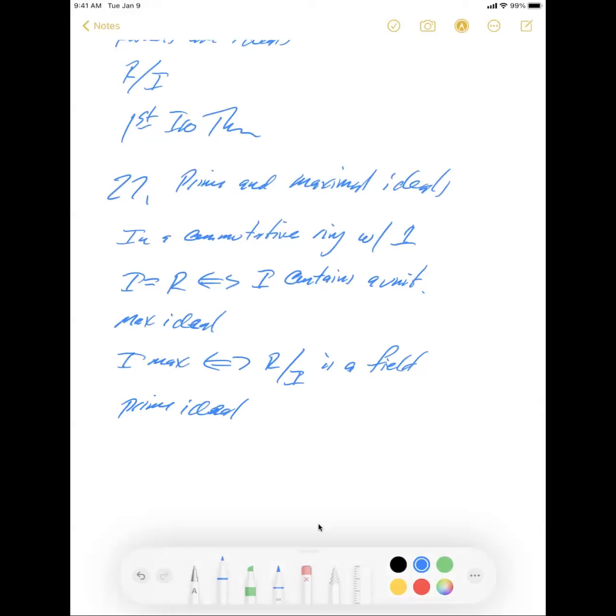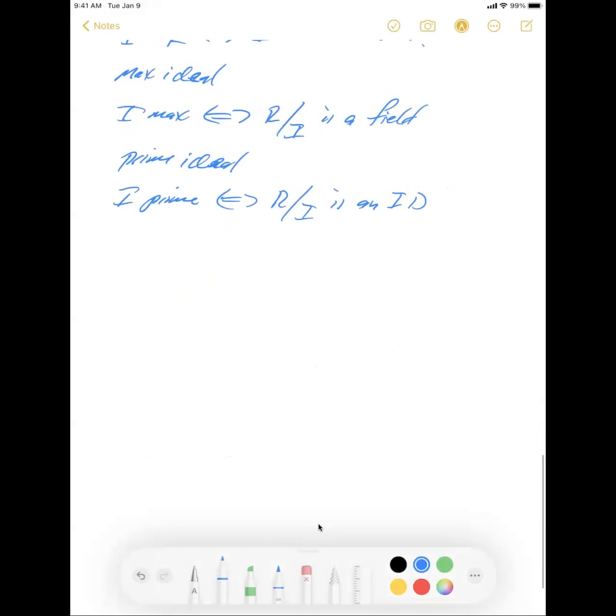Oh yeah, and so then an ideal is prime if and only if R mod I is an integral domain. From this, that tells us that maximal implies prime.